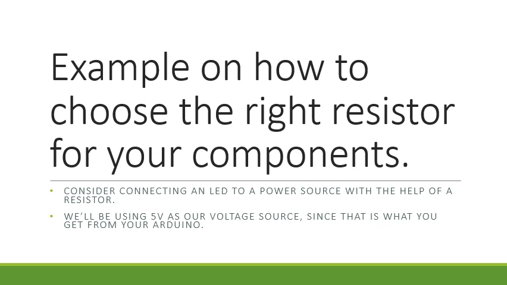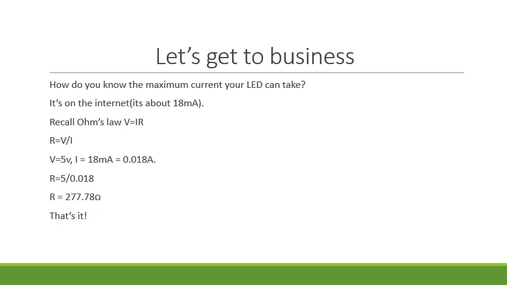Now, how do you choose the right resistor for your LED? It's simple. Remember we are using our 5 volts from our Arduino as the power source for this demonstration. Remember, 5 volts. Okay, so now let's get to business.